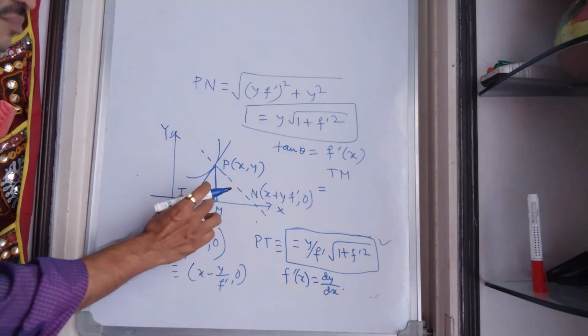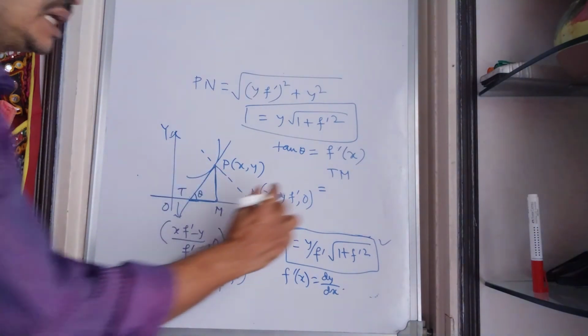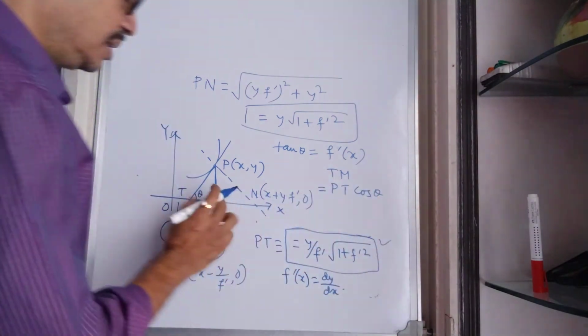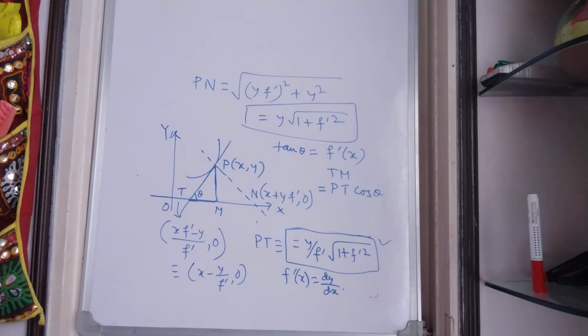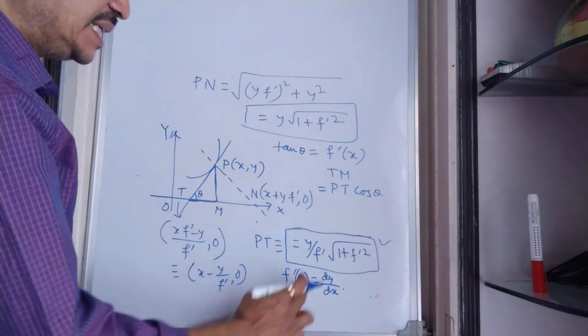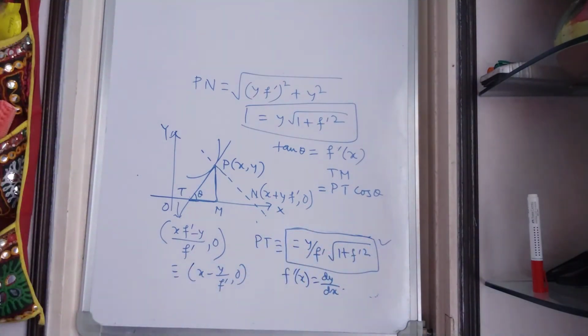So TM will be nothing but Pt cos theta, because base by hypotenuse is cos theta, and tan theta is f prime x, and Pt is y by f prime root over 1 plus f prime square.